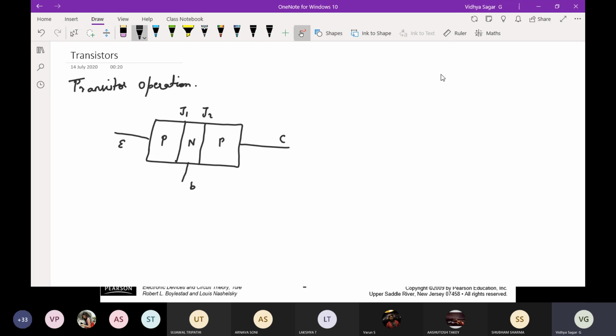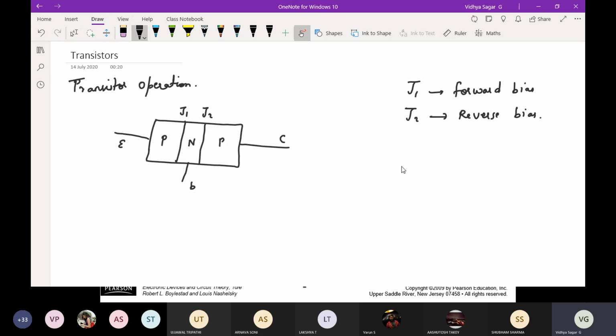So we explain the operation with respect to J1 and J2: J1 is forward biased and J2 is reverse biased. The next case will be both in forward bias. I'm going to take those two cases.